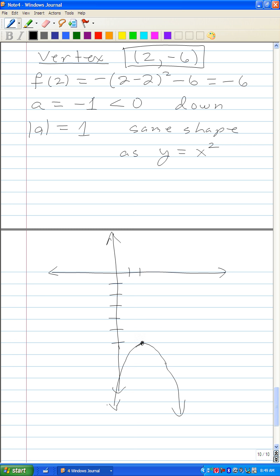So the vertex is at (2, negative 6). Axis of symmetry, x equals 2. And so I've sketched the graph of y equals negative (x minus 2) squared minus 6.